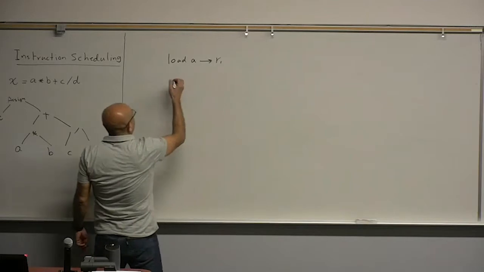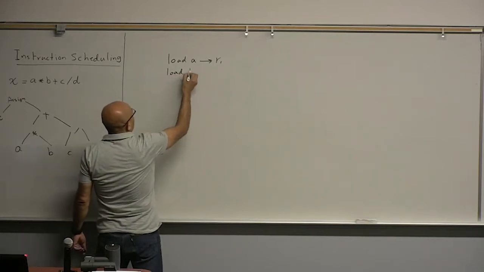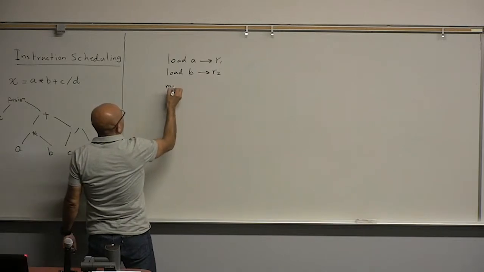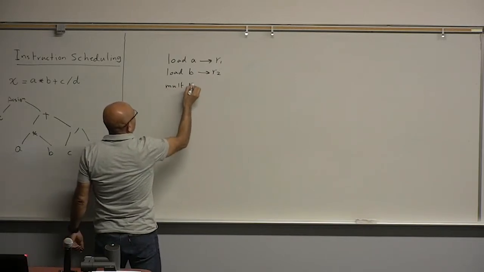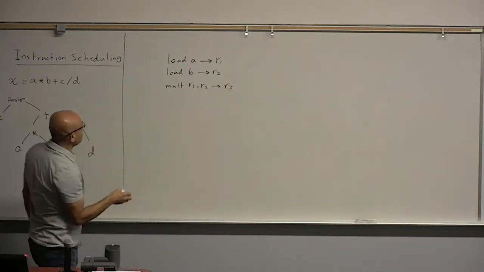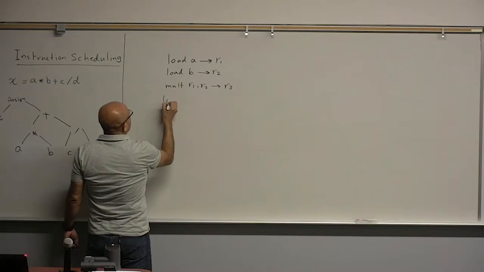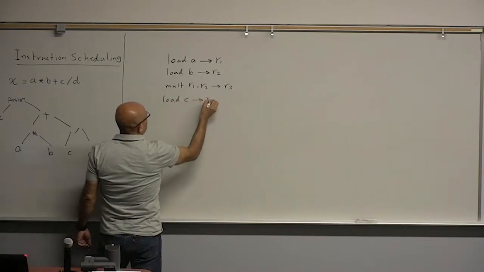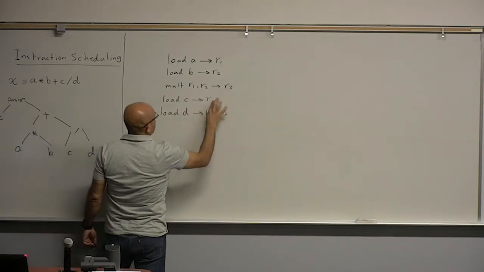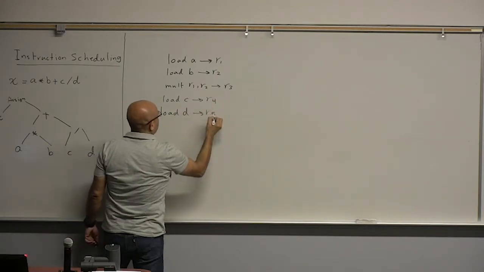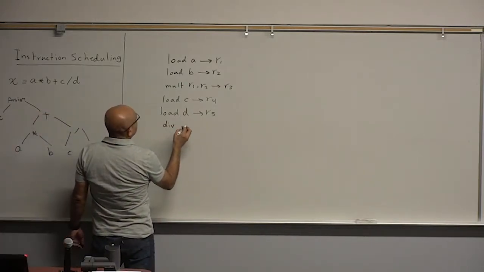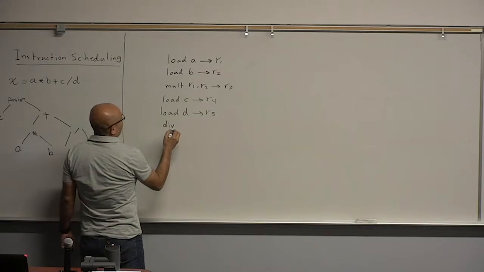So loading A into R1, loading B into R2, then multiplying R1 and R2 and putting the result in R3, then loading C into register R1, loading D into register R4, R5, and then dividing what by what?